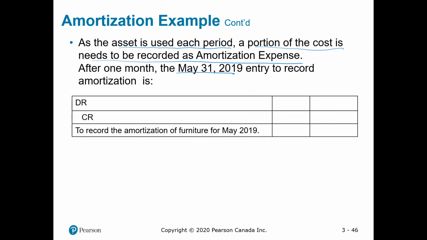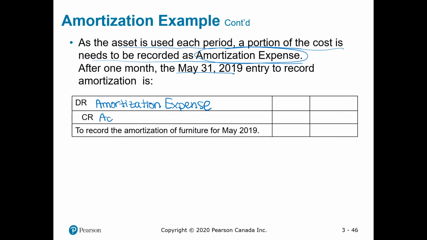Our debit here is as it says there, it's to this expense account. So we debit amortization expense. This is how much of the benefit we've used up in this month. And our credit is to this new contra account that we just discussed.